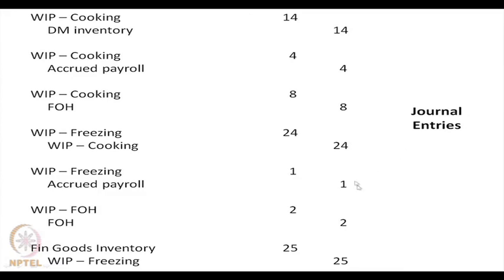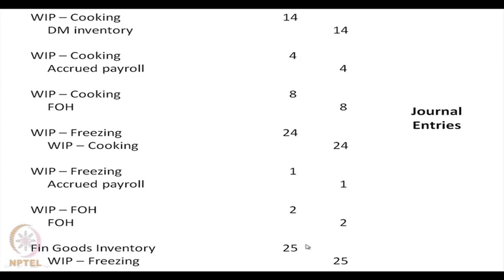The journal entry is like that, and similarly for the freezing department, similar to the cooking department, we also have direct labor and factory overhead. They are charged to work in process in the freezing department, but they are credited to their respective accounts.